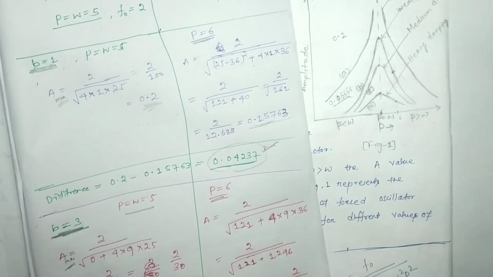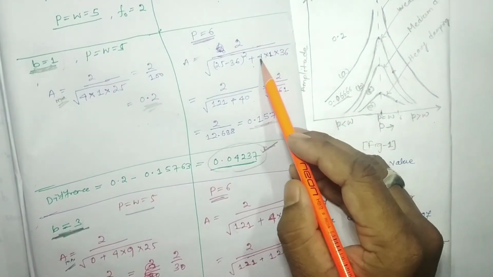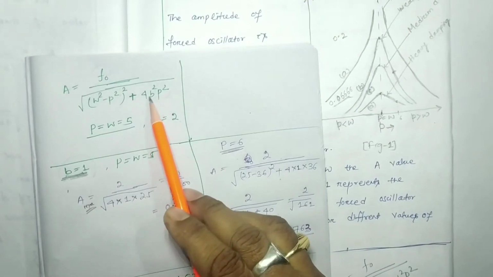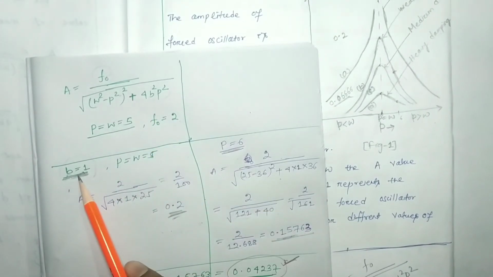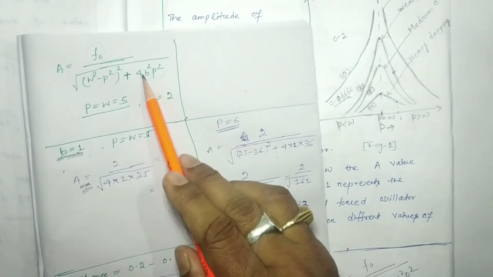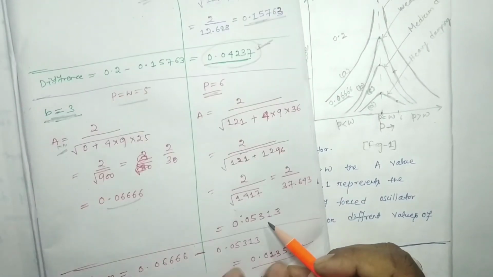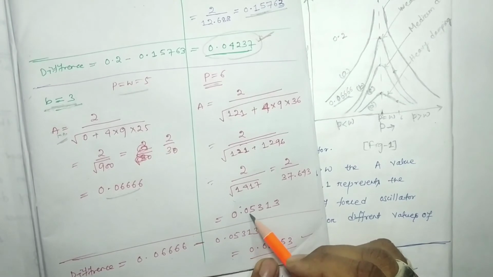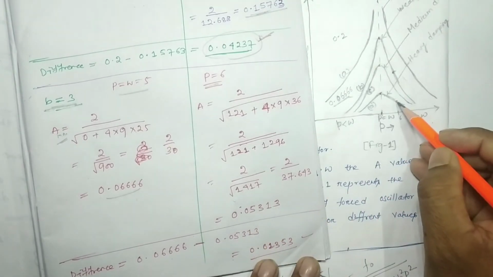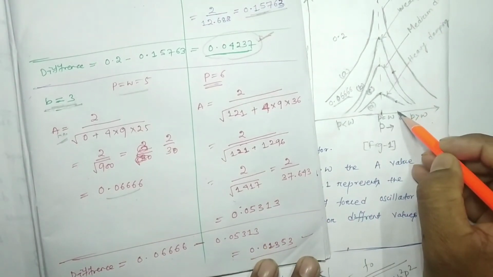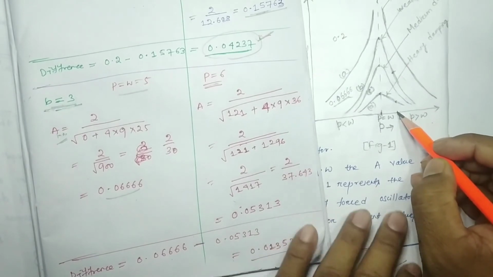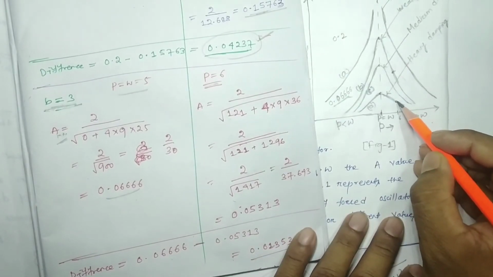This factor is the same. And here it will be 4 into 1. 4 into 1 was taken as B for the first case, but here we consider B as 9, 4 into 9 into 36. By simplification we can get 0.05313.